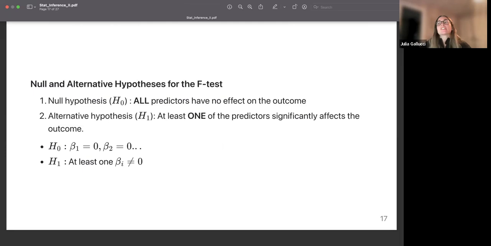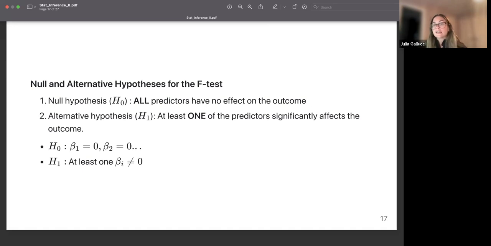So once again, the F statistic is comparing the model with full predictors to an intercept-only model. And the null hypothesis would mean that the model with predictors is not significantly better than an intercept-only model. This means that the predictors together have no effect on the outcome. Alternatively, a model with predictors could be significantly better than an intercept model, and that's what the alternative hypothesis is suggesting.